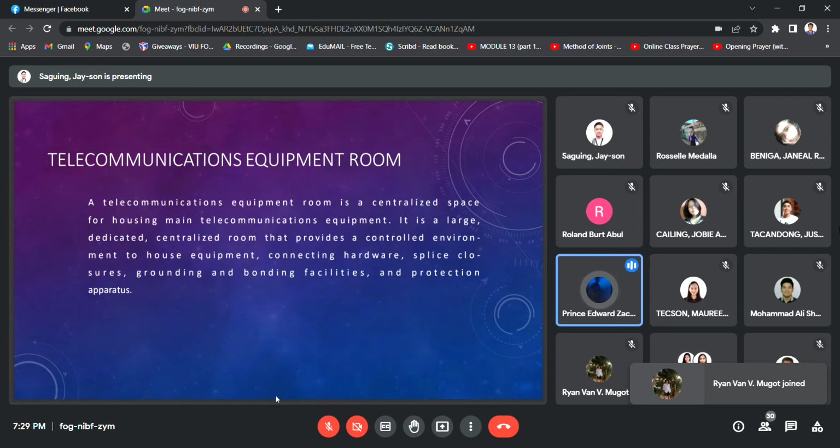Next is the telecommunications equipment room. A telecommunications equipment room is a centralized space for housing main telecommunications equipment.